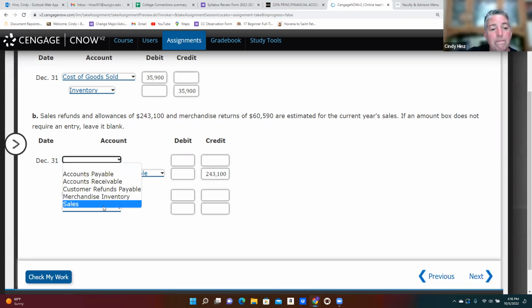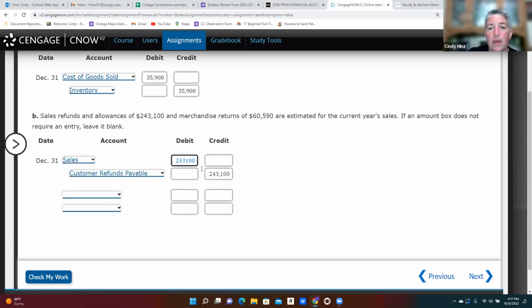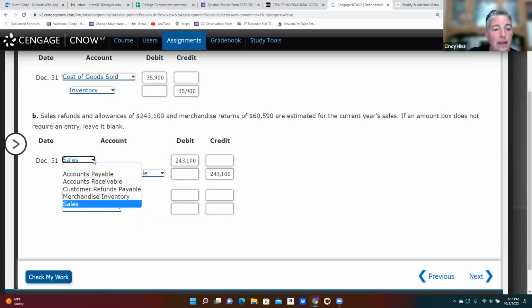Okay. And the other part, I'm choosing sales there because there isn't a better option, such as sales returns and allowances. So I'm just going to choose sales there.